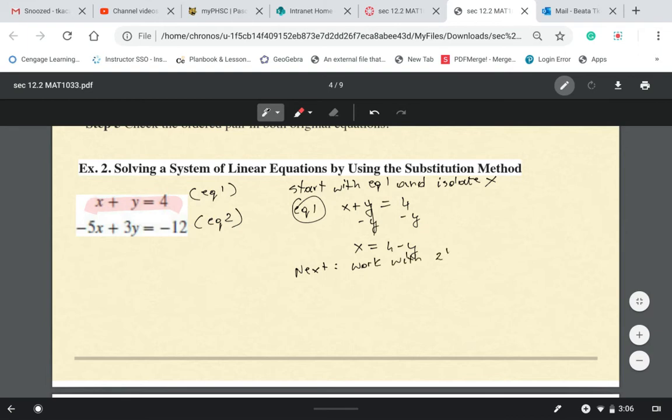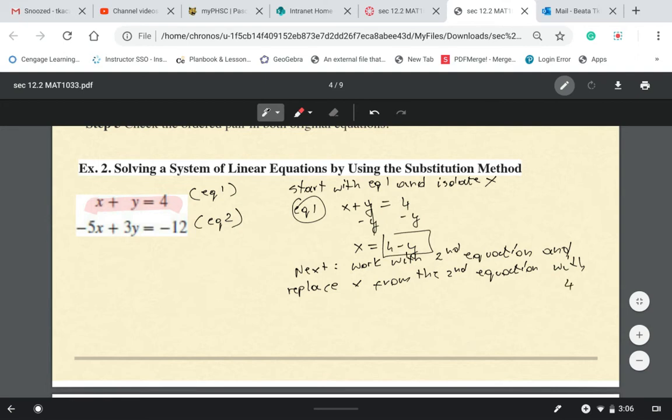So work with second equation and replace x from the second equation with the expression of x from the first equation, which is 4 minus y.